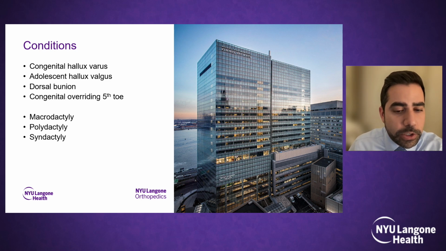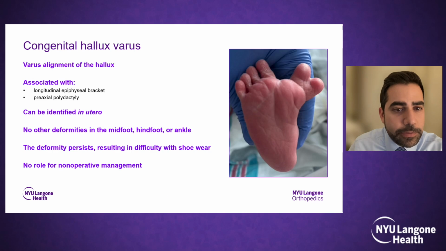But I will try to touch on these deformities and malformations: the hallux varus deformity, hallux valgus in adolescent and juvenile patients, dorsal bunion, overriding fifth toe, and the malformations of macrodactyly, polydactyly, and syndactyly.